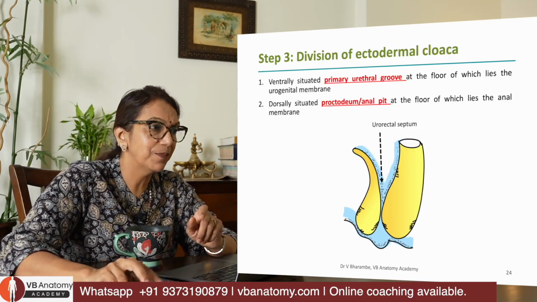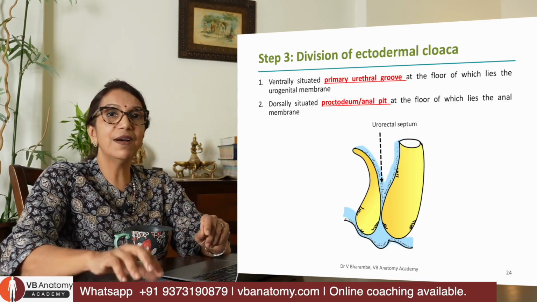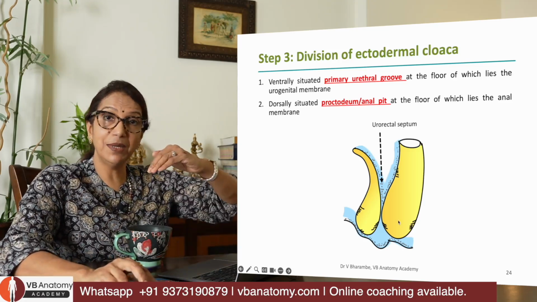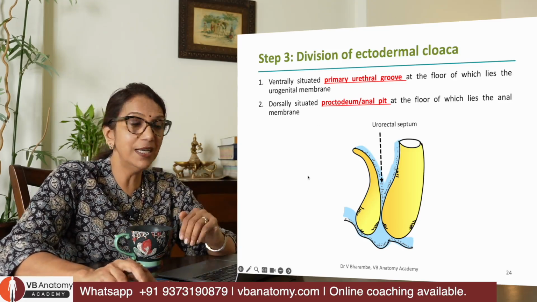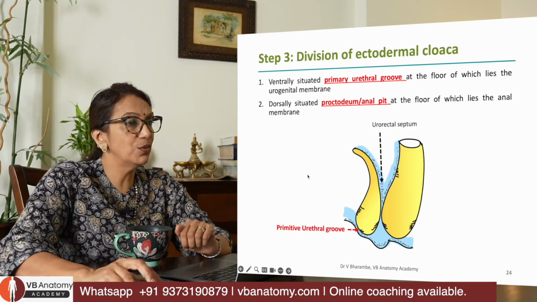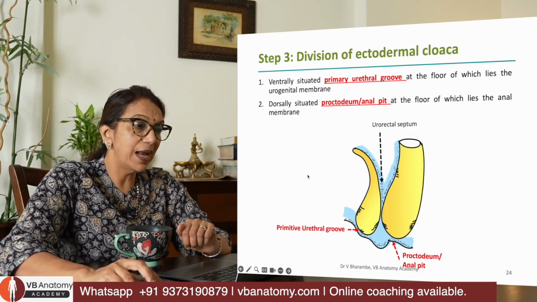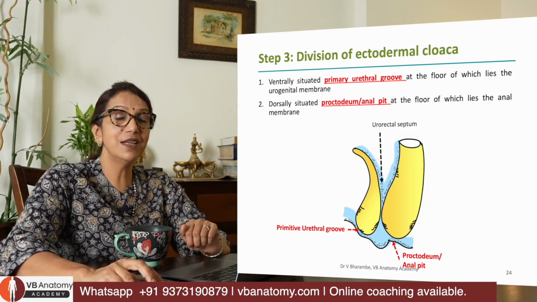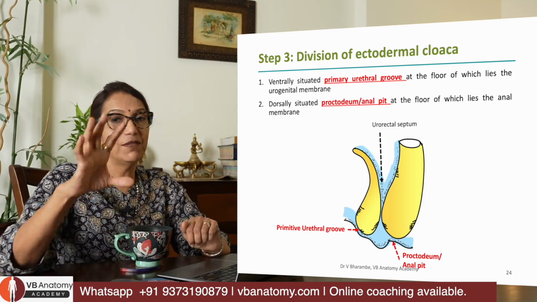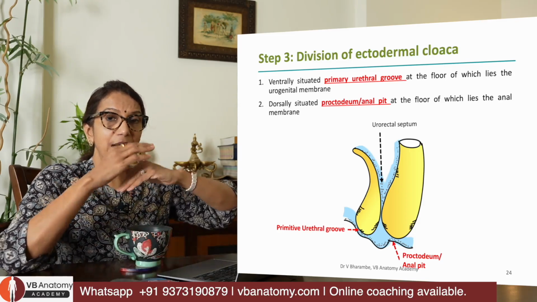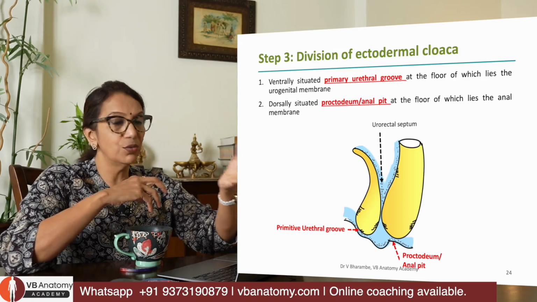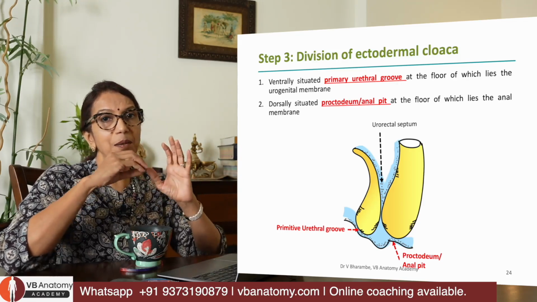Right. Now let's divide the ectodermal cloaca. So this ectodermal cloaca, remember the depression which was formed outside? This also gets divided into primitive urethral groove and proctodeum or anal pit. This is a major landmark moment in our development. The ectodermal cloaca has now got divided into primitive urethral groove and proctodeum or anal pit.